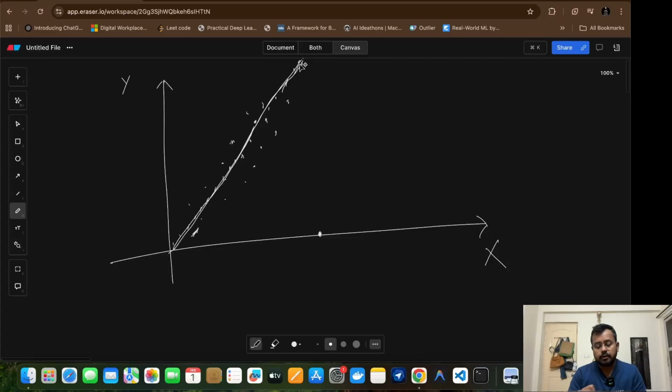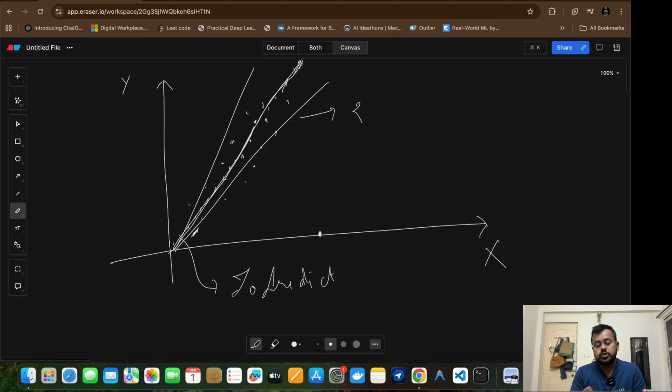If this is the something we have to predict, like what should be the slope, what should be the intercept of this line, whether this line is good, or this line is good, or this line is good, which one we should go with, right?